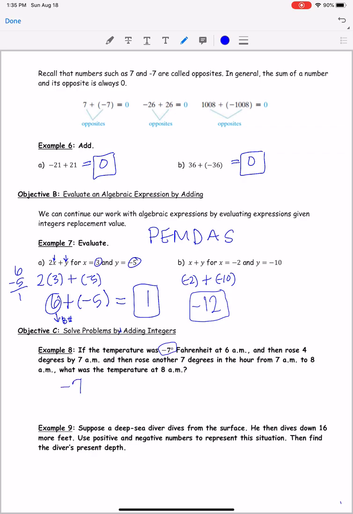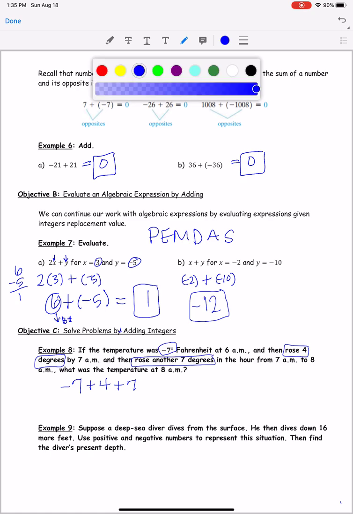Then it rose 4 degrees. If it rose 4 degrees, that's a +4. Since it's rising, it's getting higher, that's a positive. And then it rose another 7 degrees, so plus another 7.